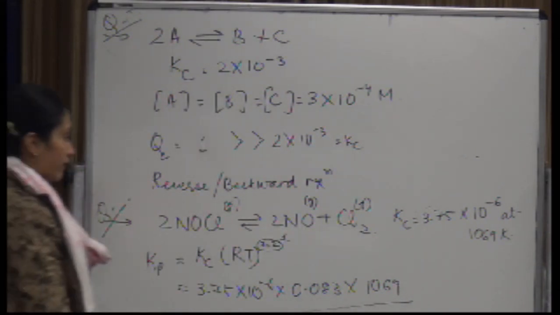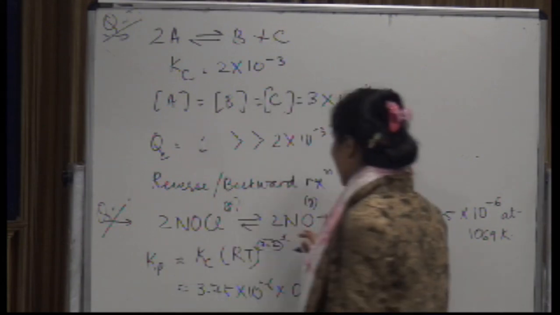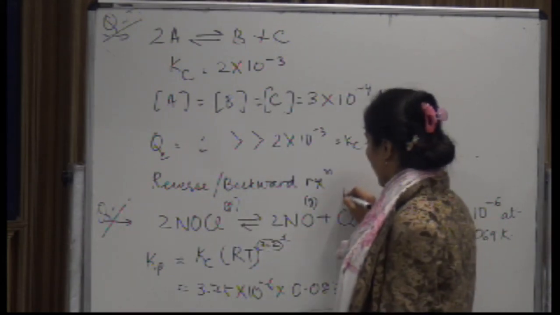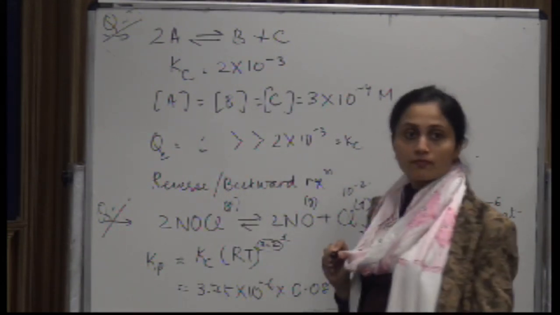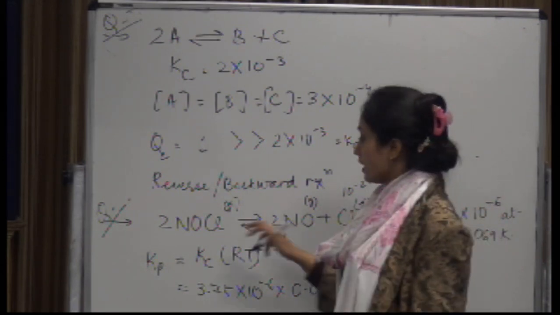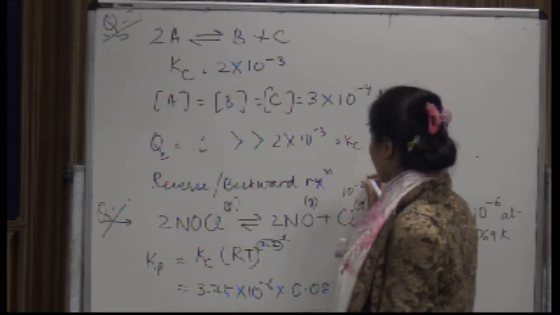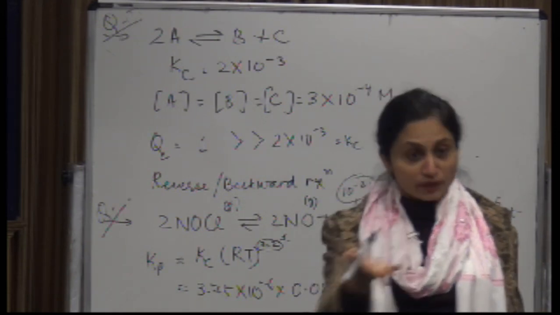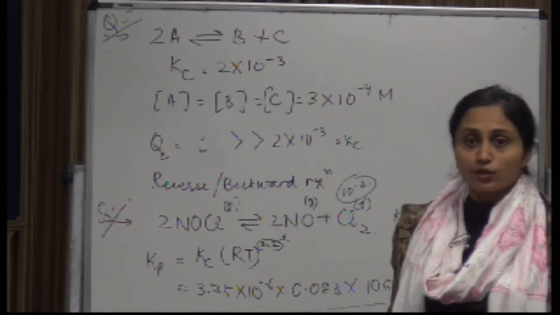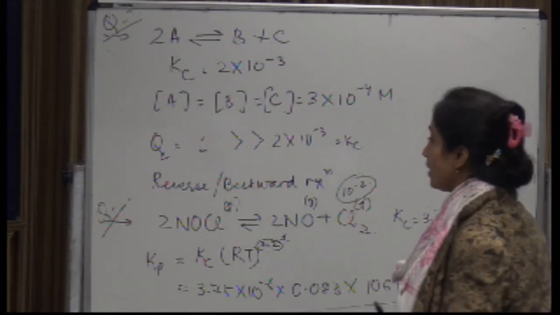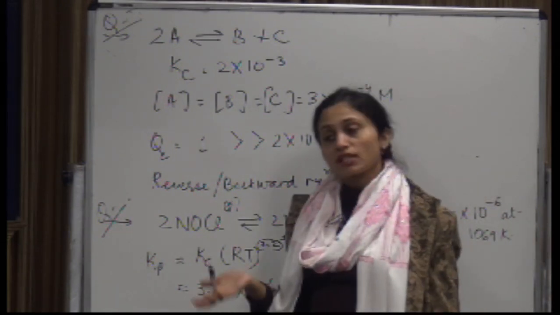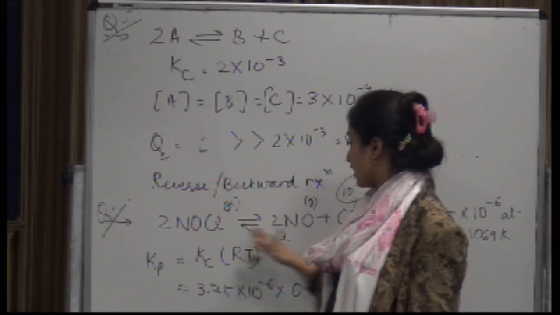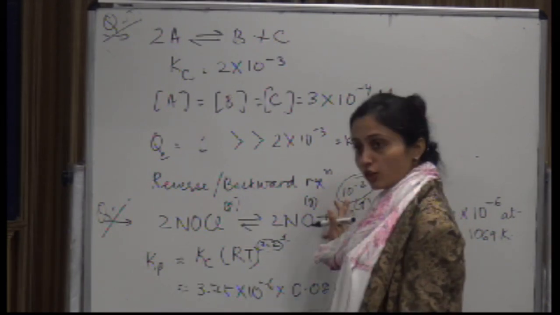Now, given that the concentrations of NOCl, NO and Cl2 at a given point in time are 10 to the power minus 2, predict the direction of the reaction. It will not get simpler than this, try it. Just quickly do it. You are given the concentrations at a particular point in time of NOCl, NO and Cl2, that is 10 to the power minus 2.